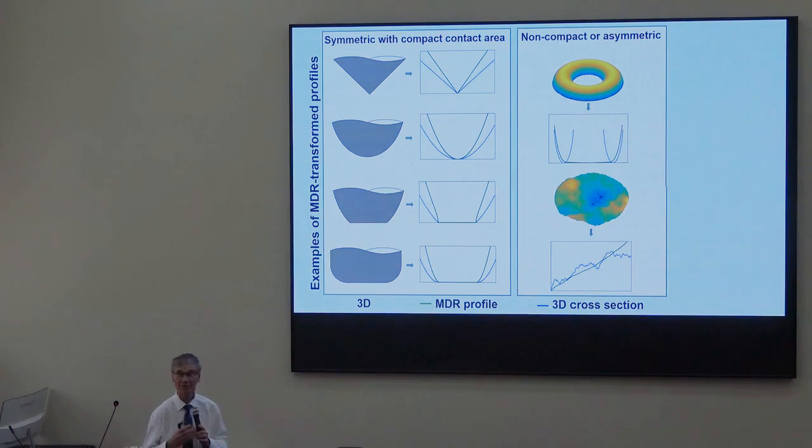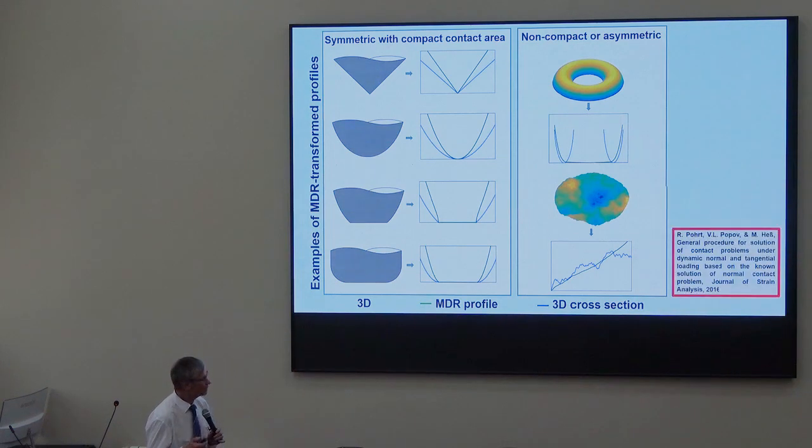And on the right, you have a toroidal surface and some fractal rough surface, and the corresponding MDR profiles. How to determine the MDR profiles for complicated shapes is explained in this paper by Popov and Hess from 1960.